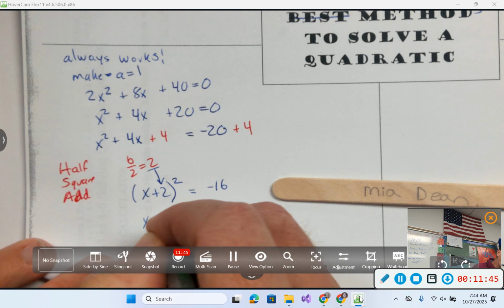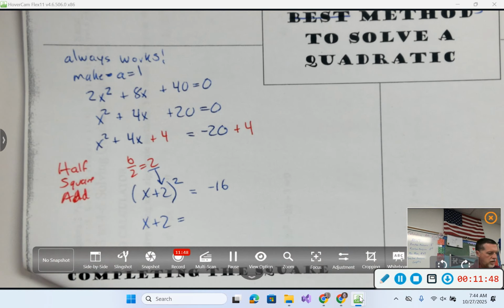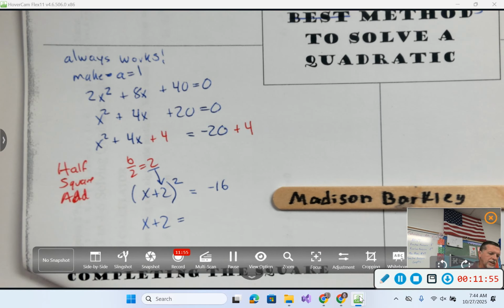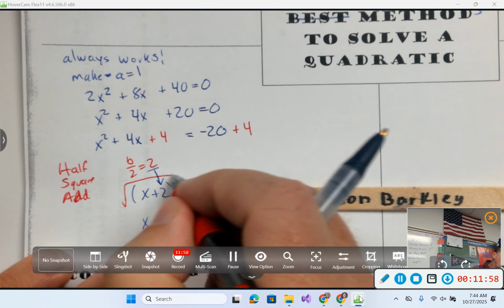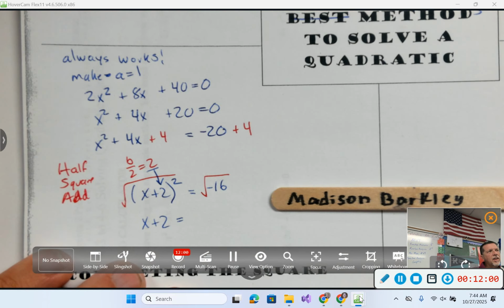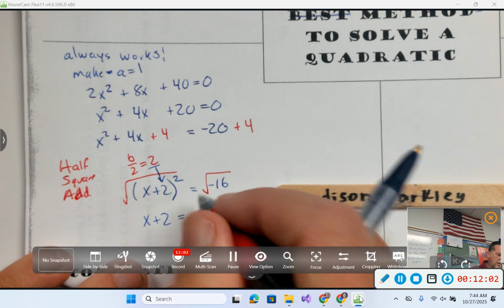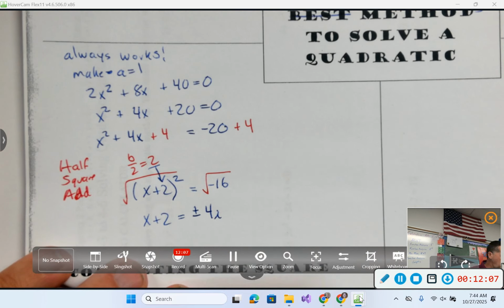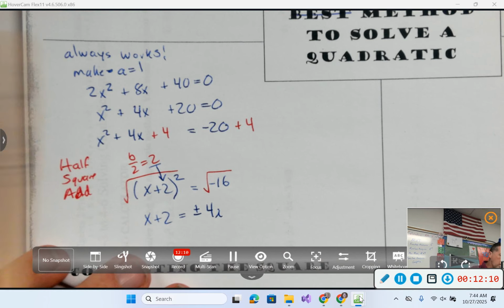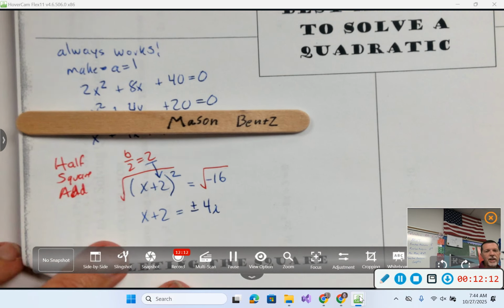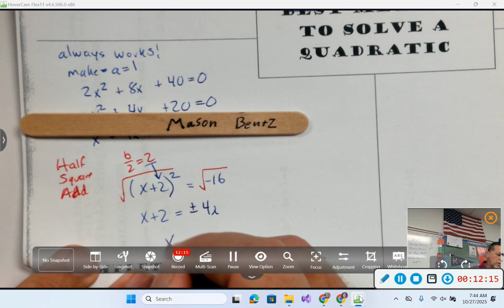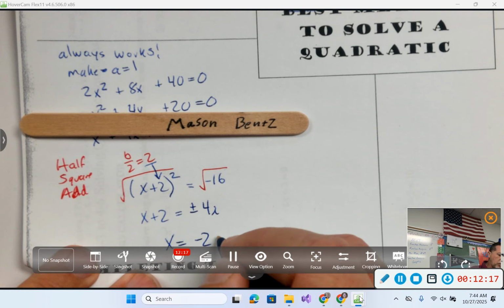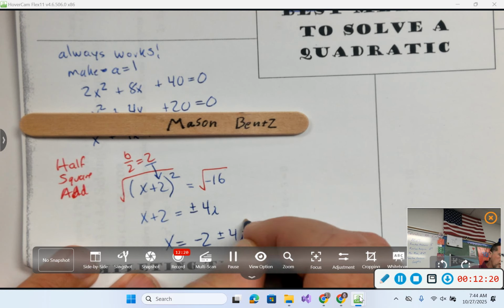Square root both sides. Yes. I guess I need to be careful. Madison, what do I get on the left-hand side if I square root both sides? Very nice. Remember the plus or minus, handle the i. Plus or minus 4i. One more step, Mason, what would you like to do to get x by itself? Move the 2 over. So I'm going to put the negative 2 first. Negative 2 plus or minus 4i.